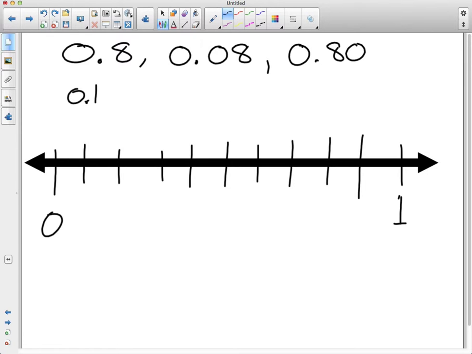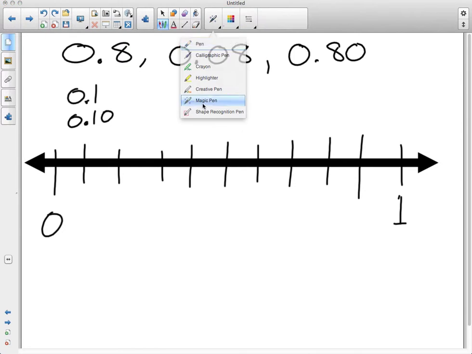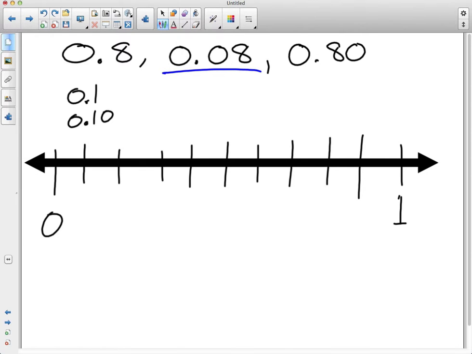Not 0 and 10 ones, no. Mary? 0 and 10/100ths. Very good. And Robbie said that he first wants to work with 0 and 8/100ths.